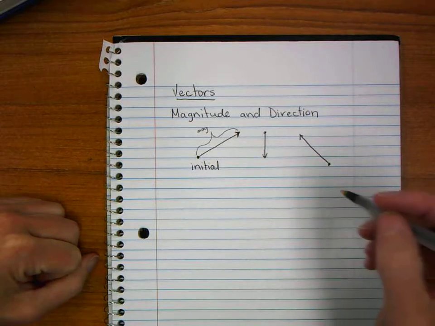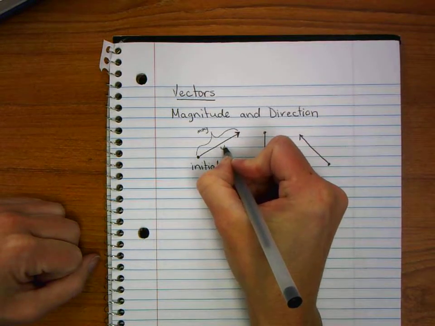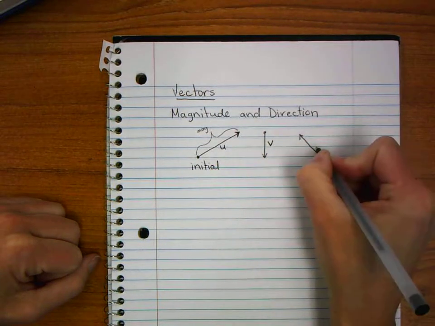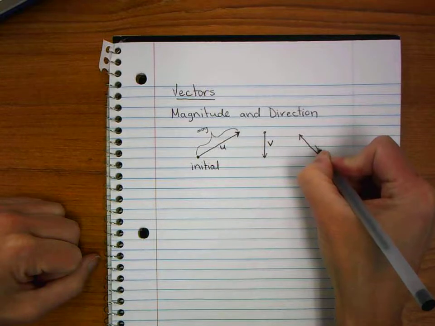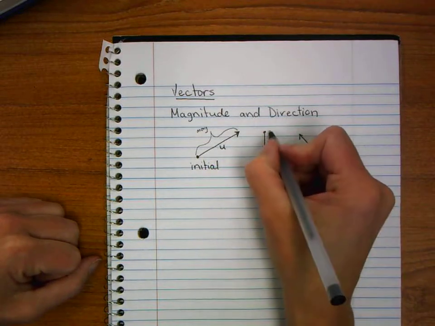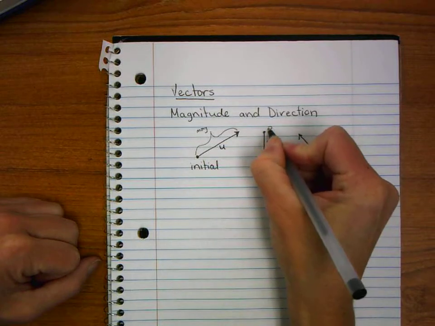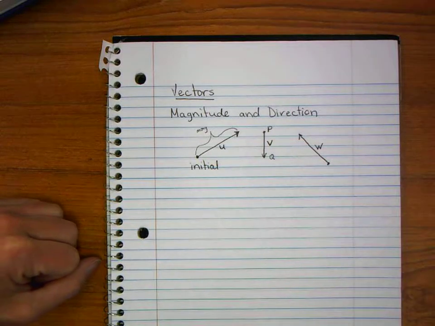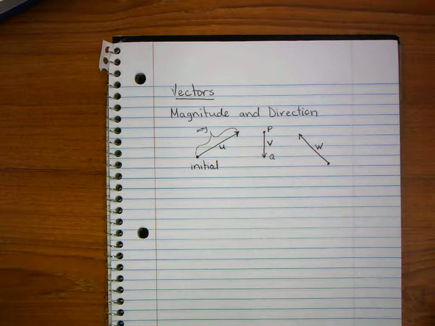Traditionally, we name a vector with a bold lowercase letter, something like this. Oftentimes, we will also name it, if I have a point P to a point Q, let's say, as vector PQ.